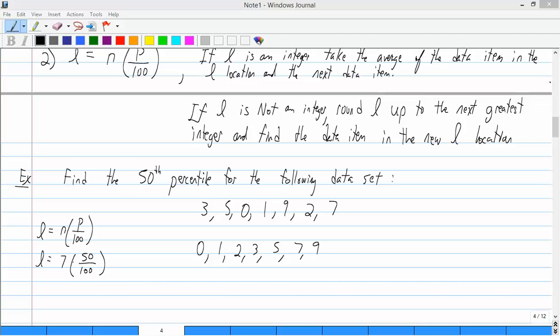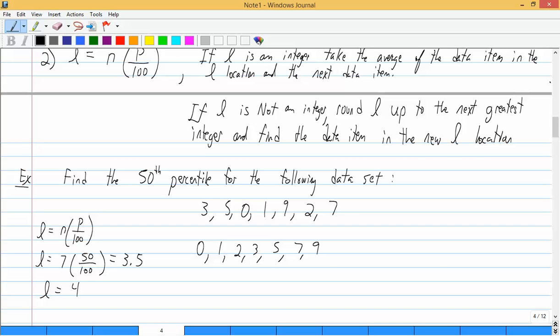That's 7 times 0.5, so that gives you 3.5. That's not an integer, right? So we would need to round L up. So then L would become 4.